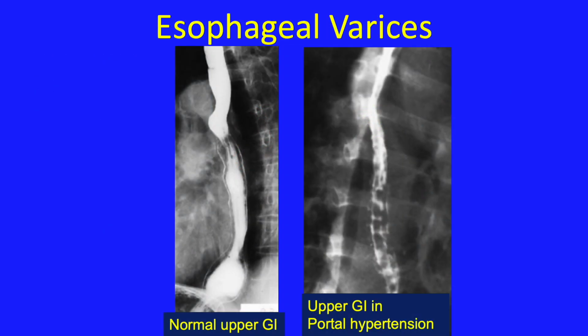In the past, a common test to determine the extent of varicoceles was to ask patients to drink barium and image the esophagus. In a normal upper GI image, the barium forms a uniform radiopaque column as shown on the image on the left.